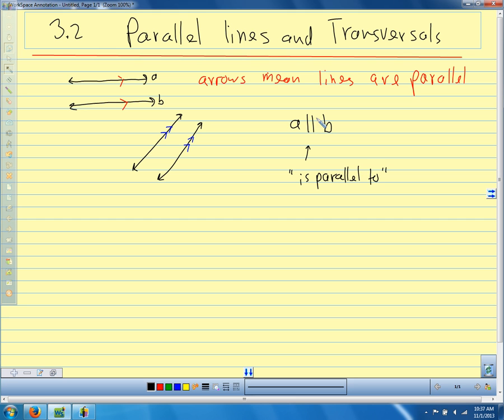I'm going to start with the box on the bottom left, the same side interior or consecutive interior.